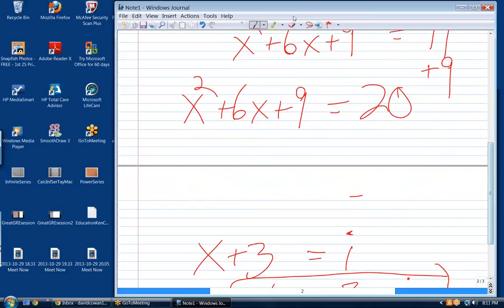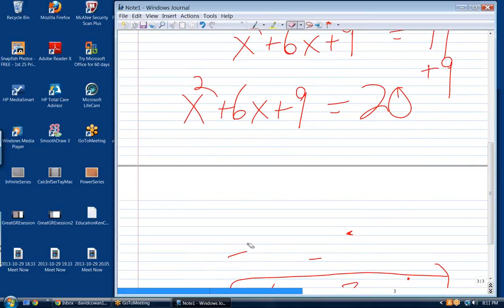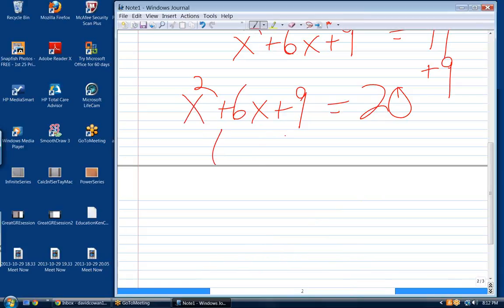The next step is to represent the left side as an x plus or minus something quantity squared. What is that quantity going to be? It's always whatever half that was.